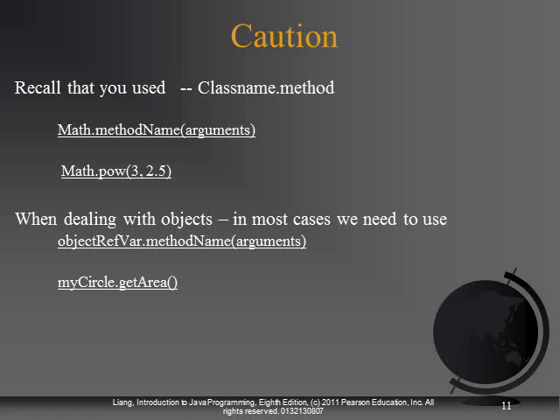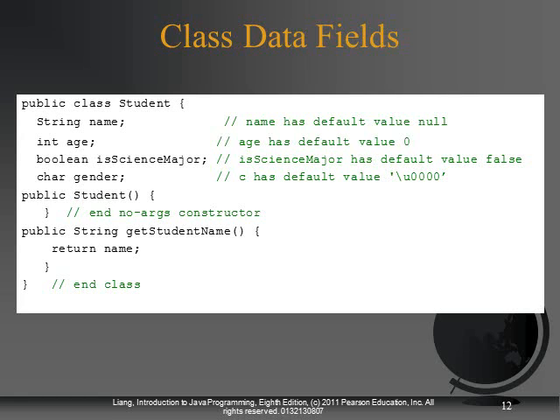However, as a general rule, an object's properties and methods are non-static, and they must be invoked using the object variable name.method name notation. Well, this slide is meant to call attention to class variables and properties.